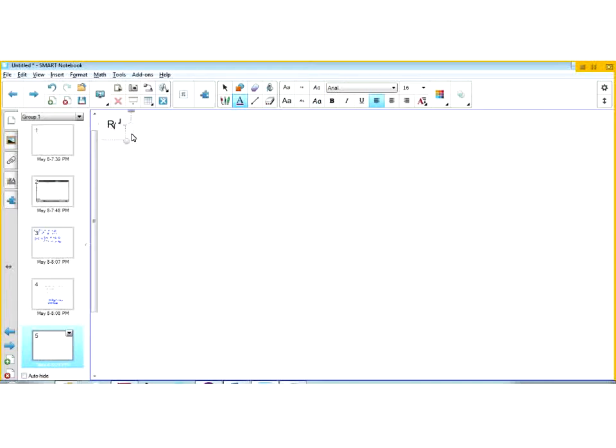So let's get started. We'll start out firstly by, not rules, but a procedure for graphing polynomials. With polynomials, the domain of a polynomial is equal to the set of real numbers.